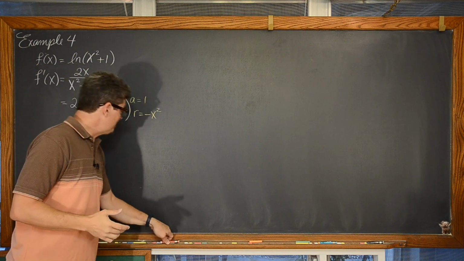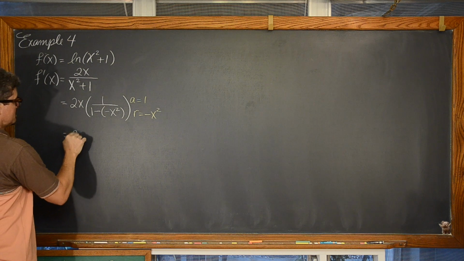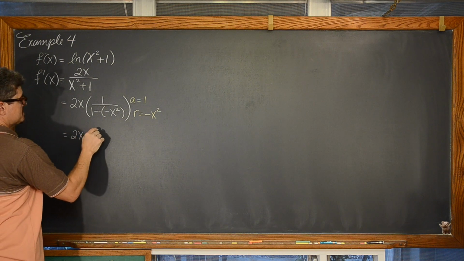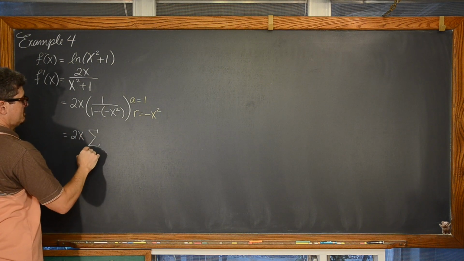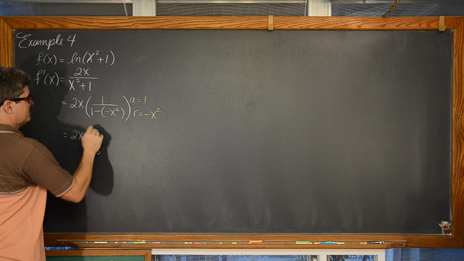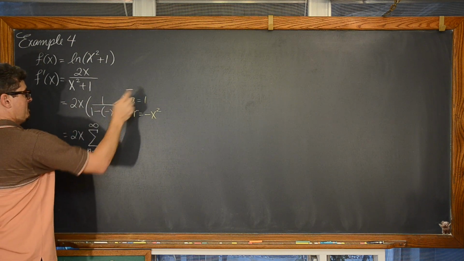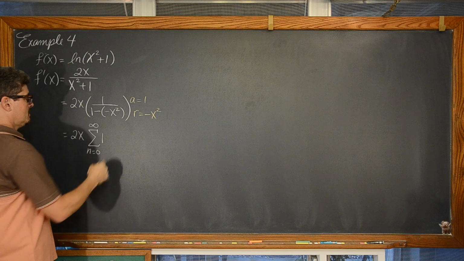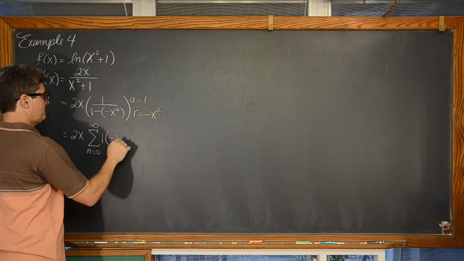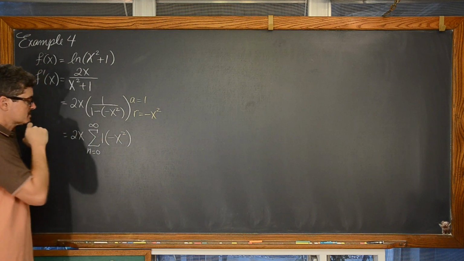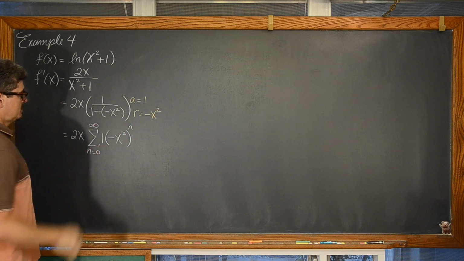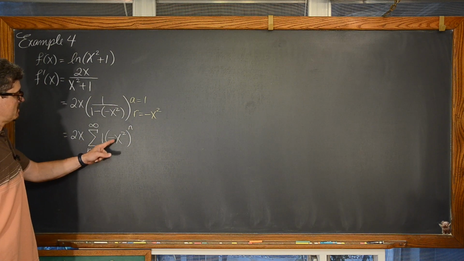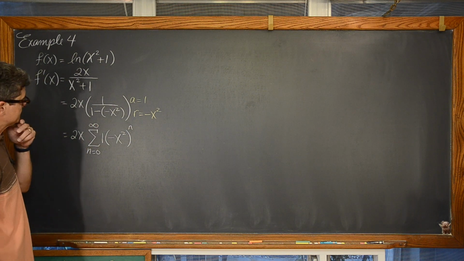Well, now we've got 2x times the summation, or sigma, where n starts at 0 and goes to infinity, of a, which is 1, times r, which is negative x squared, a times r to the n.